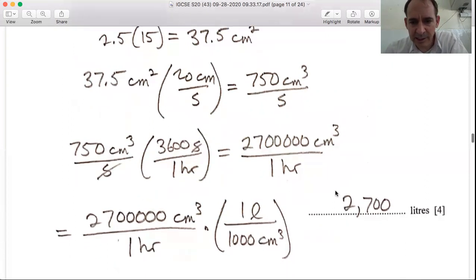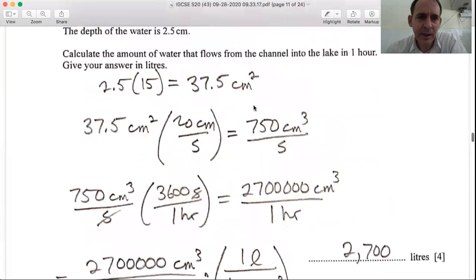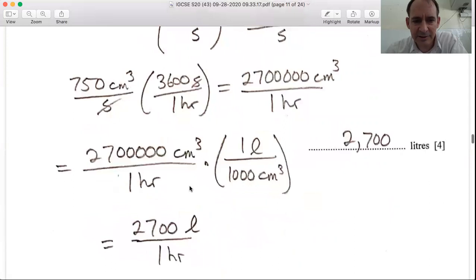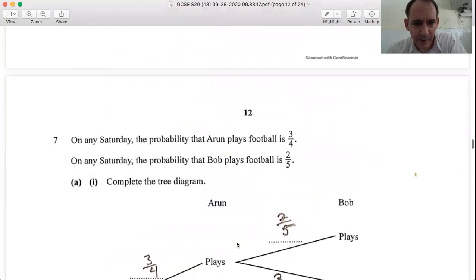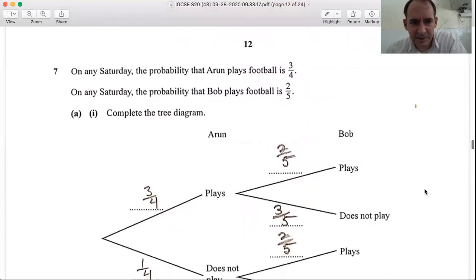Multiply this together, we get 2,700,000 cubic centimeters per hour, but it wants the answer in liters. So 1 liter is 1,000 cubic centimeters. And so 3 zeros cancel off from that, giving us 2,700 liters per hour.